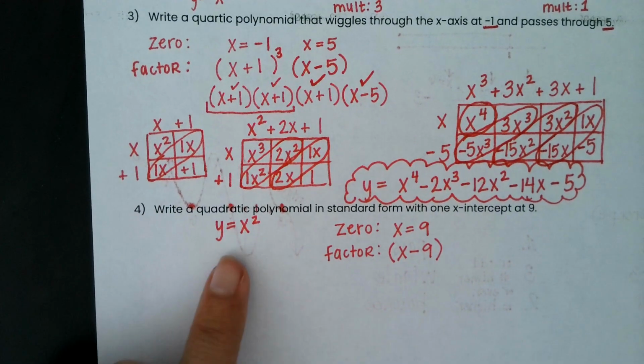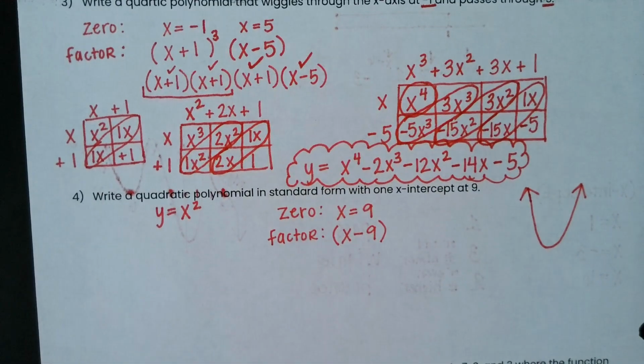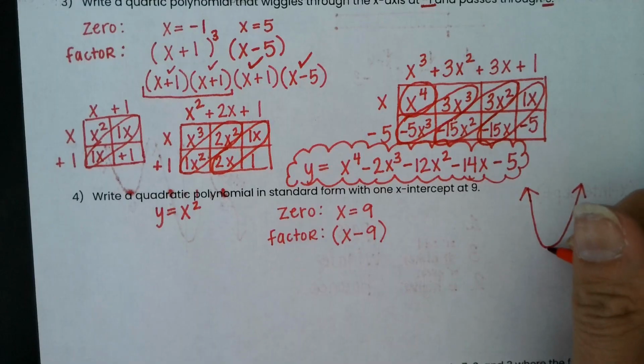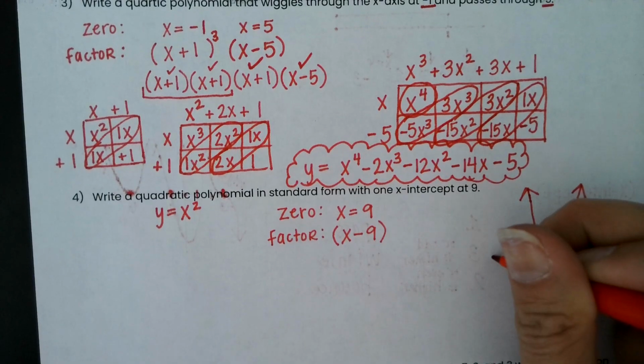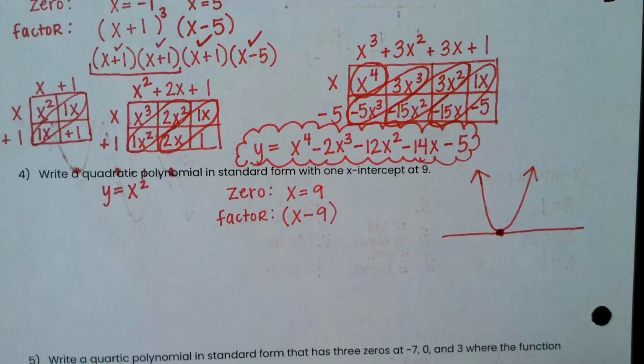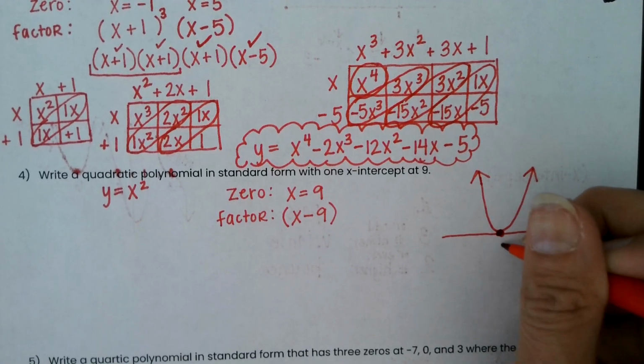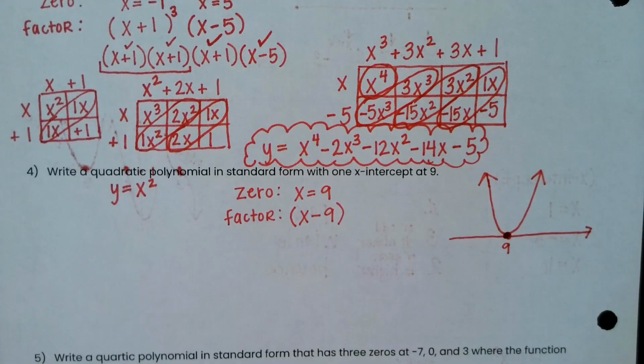That's right, right? An x squared graph is a parabola. And if there's only one x-intercept, it would be because that x-intercept is the very bottom point, right? So they're basically telling us that this is the 9, all right?